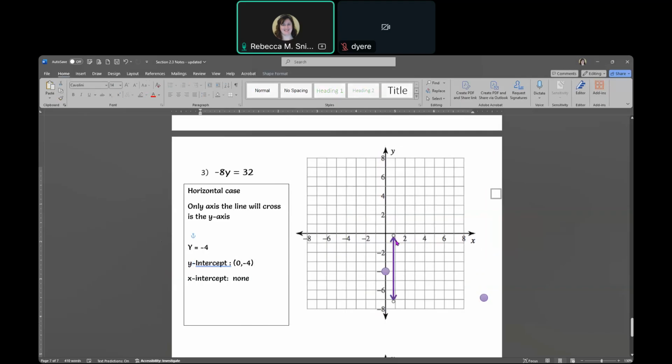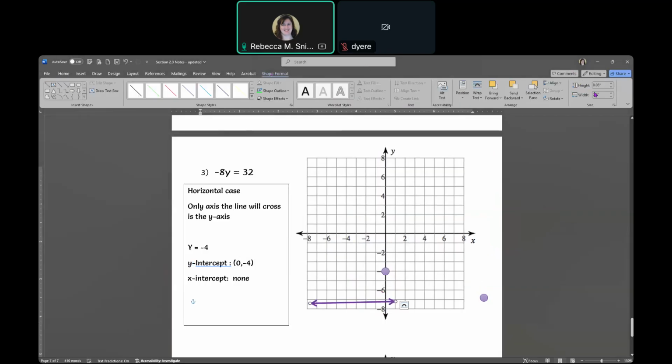And then my line is simply going to be the horizontal line where I can make it straight. So it's nice. There we go. It's just going to come right in through here at -4 and expand out in both directions as far as it can. So you want to make sure you're very careful with that double arrow.